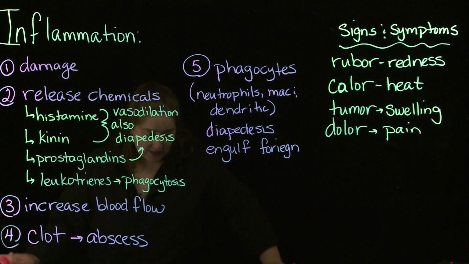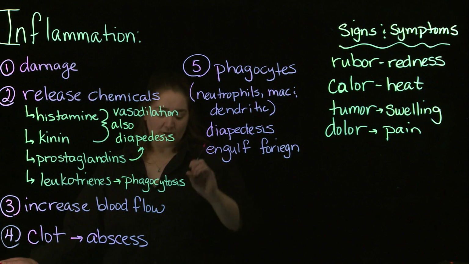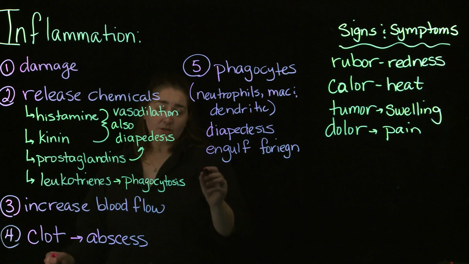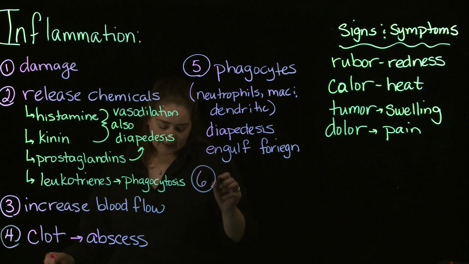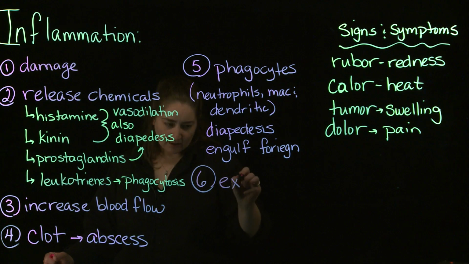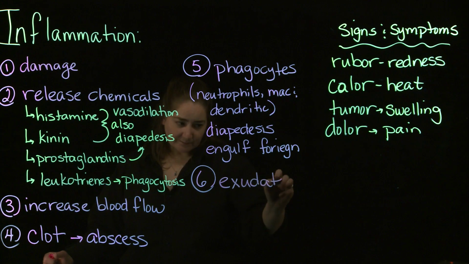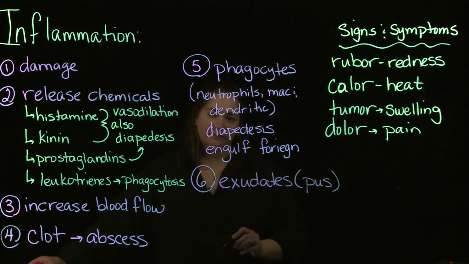So in terms of that, the phagocytes are going to come in, they're going to engulf the foreign particles, all right? And then in terms of that, later in inflammation, you are going to have the formation of exudates, all right? Essentially pus, all right?